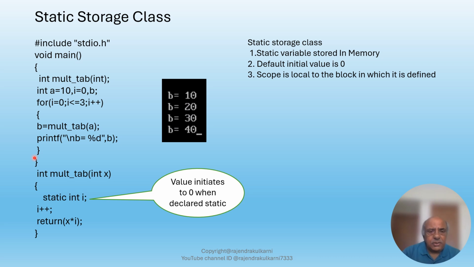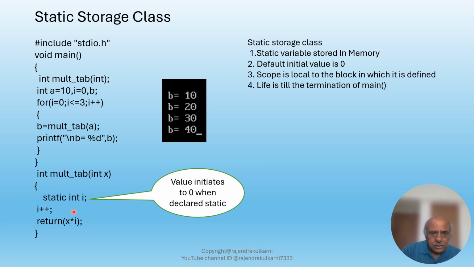The scope of this variable is local to the block in which it is defined. See, this i will be known only within this function. This i will not be known to main. But what is important is its life is till the termination of main.